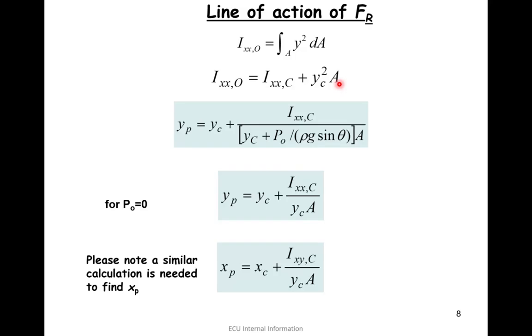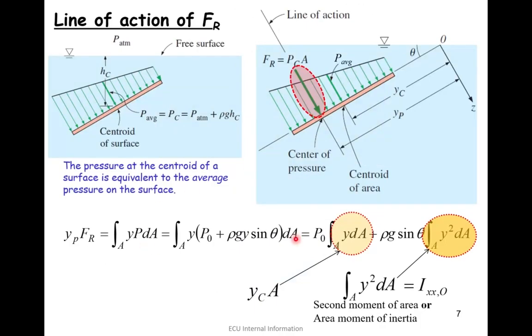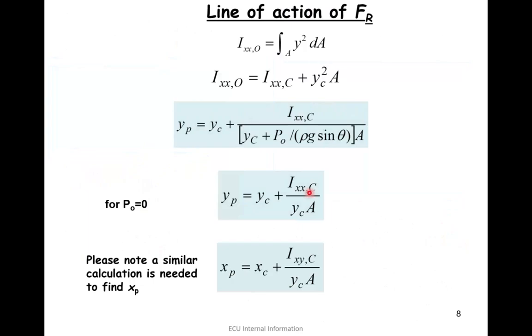This is how in mathematics we do the axis transfer. So yp is equal to yc plus ixxc. If we put it in this equation based on what we defined, then the equation can be written in this form: yp would be yc, plus the moment of inertia around the centroid over yc a, plus p0, which is atmospheric pressure, divided by rho g sine theta a.